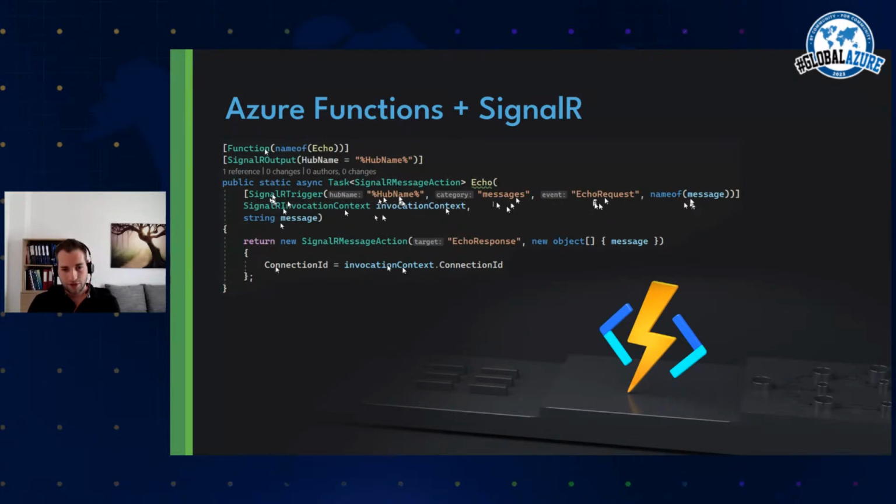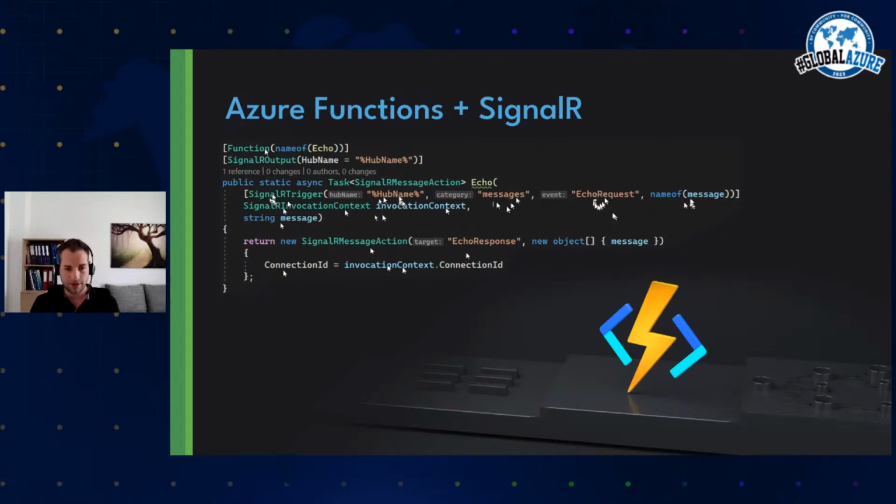What this function does now, as the name suggests, it just sends a response back to the client using the same content. So we return a SignalR message action. That's also a type that comes from the SignalR SDK. And we want to invoke a function on the client now. In this case, it's the echo response function, and we can pass a parameter array that we want to pass to this function that should be invoked on the client.